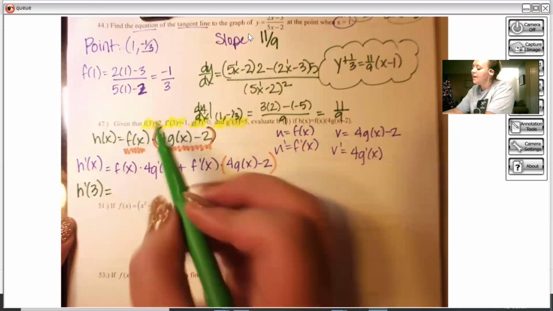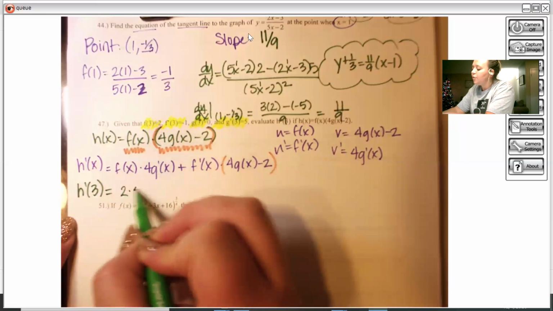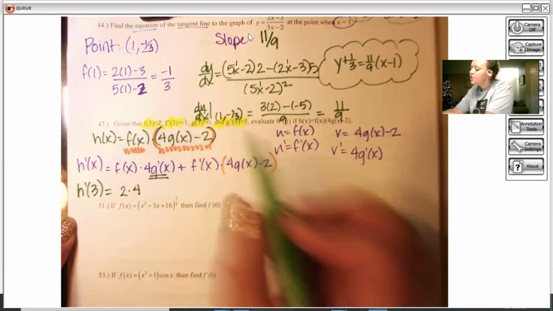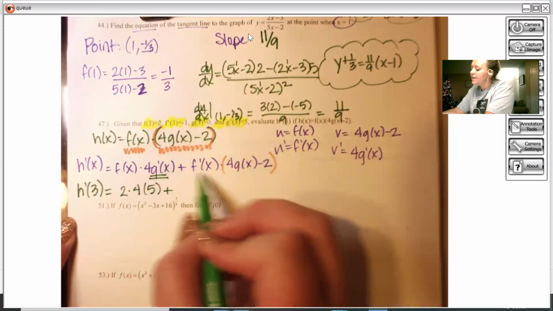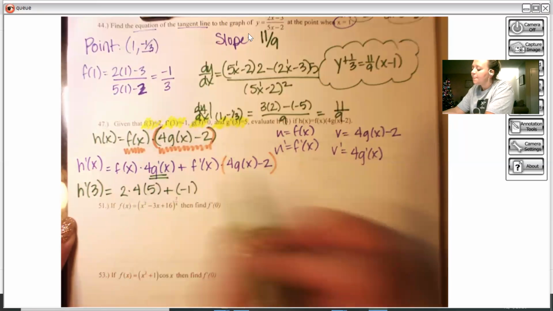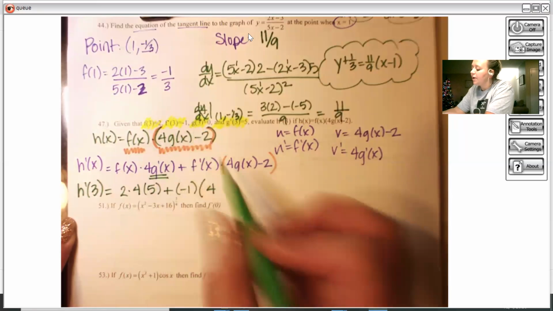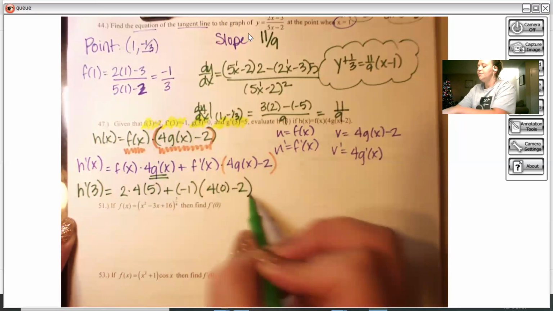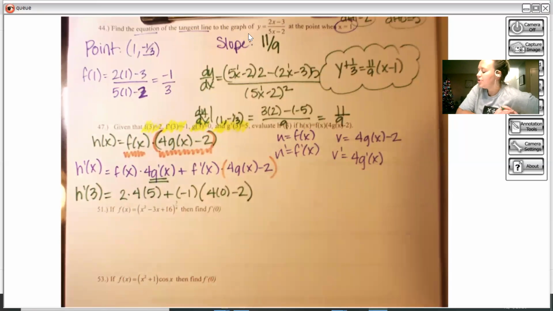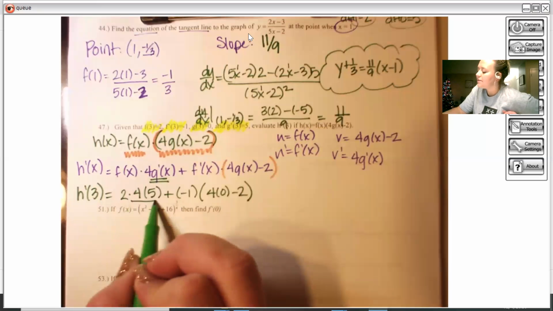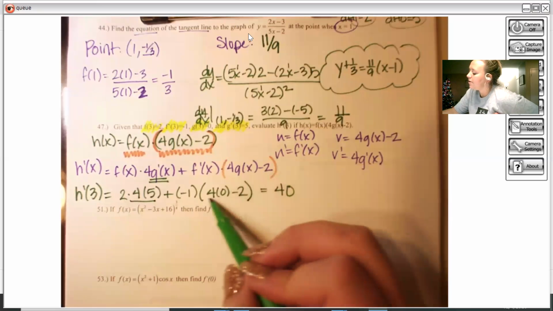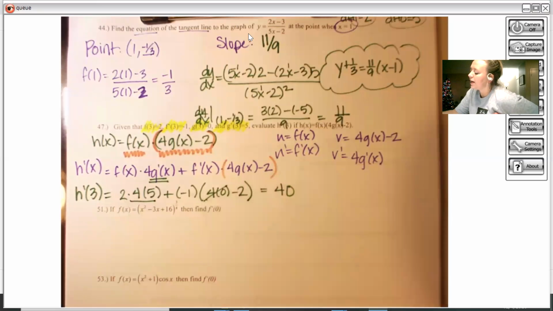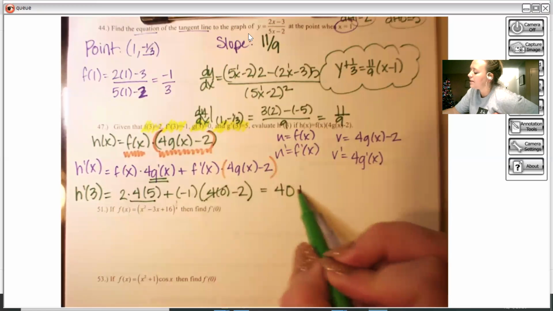So f of 3, it tells me is 2, times 4 g prime of 3. g prime of 3 is 5. f prime of 3 is -1. 4 g of 3, that's a regular g, not a g prime, so g is 0, minus 2. So 4 times 5 is 20, times it by 2, that's going to be a 40. Then 0 minus 2 is just a -2, times a -1 is going to be a +2.